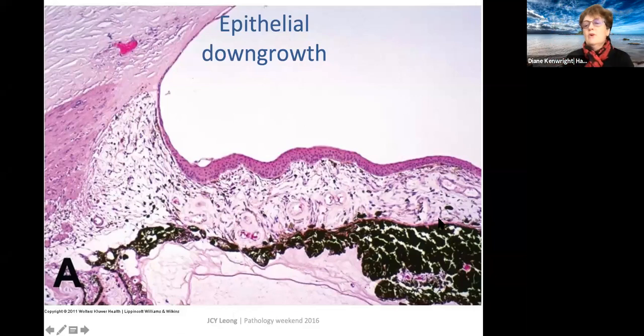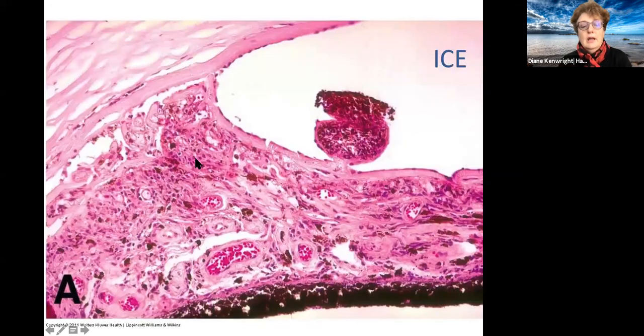All right, so here we've got abnormal epithelial downgrowth on the front of the iris, which has closed up the angle. So this is epithelial cells from the surface of the cornea, which is growing across the front of the iris. Here we've got ICE, okay? So iridocorneal epithelial syndrome, this is Descemet's membrane, and now it's growing over the front of the iris here.